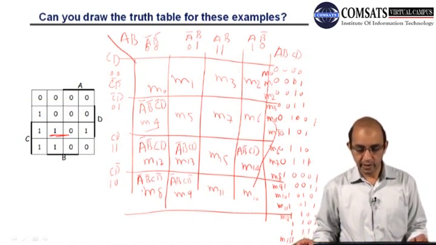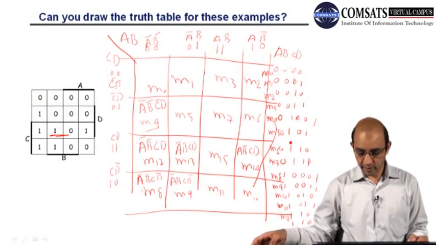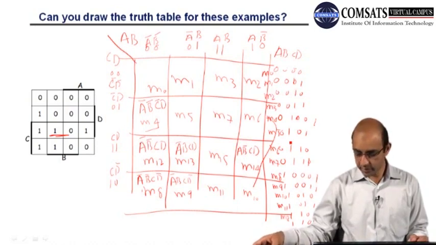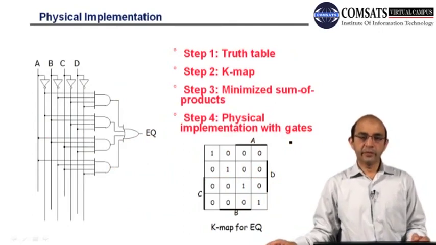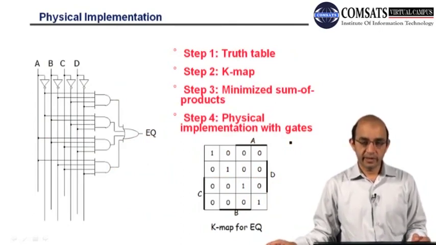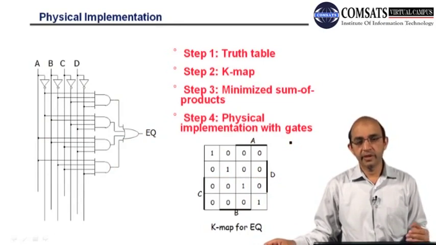For your understanding, I started from the K-map, so you can always have this sort of K-map representation. We can draw the truth table if we have the K-map. Whenever you talk about digital design, ultimately our goal is to build a practical circuit.